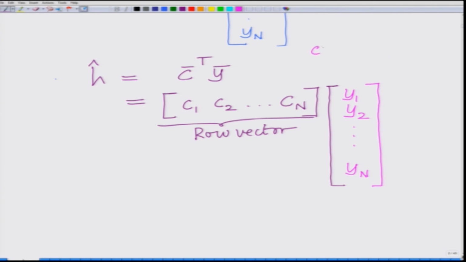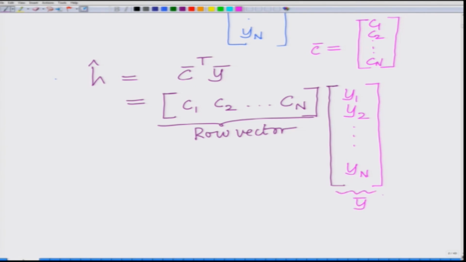Recall C bar is defined as a column vector C1, C2 up to Cn. Therefore, C bar transpose is naturally an n-dimensional row vector, and y bar is an n-dimensional column vector.